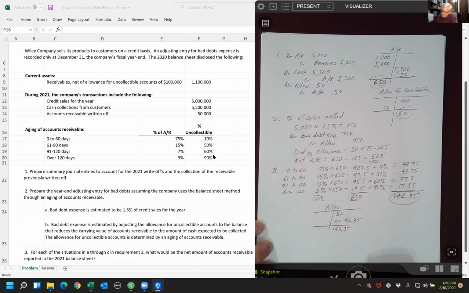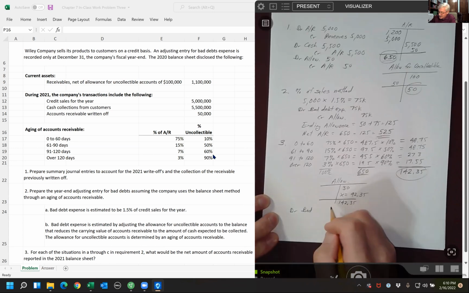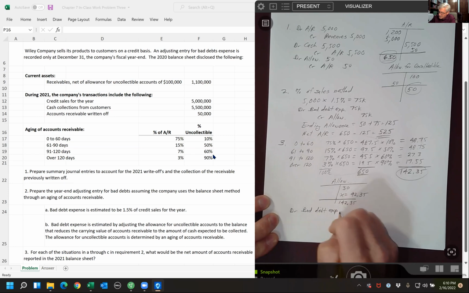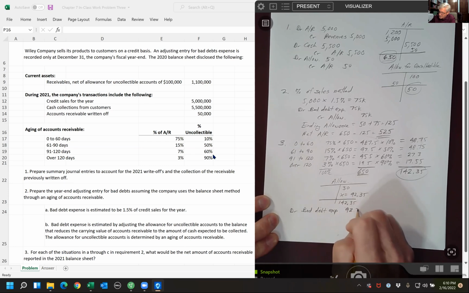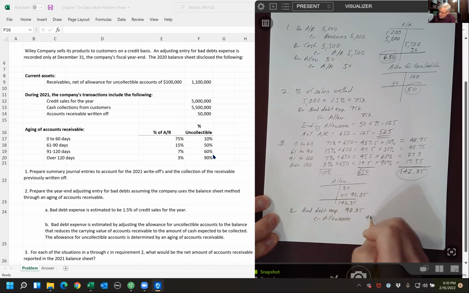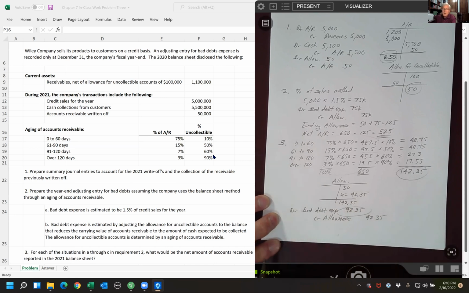92,350. Entry, debit, bad debt expense, 92,350. Credit the allowance, 92,350. That goes to the income statement.